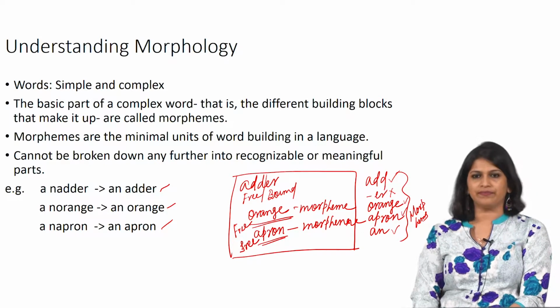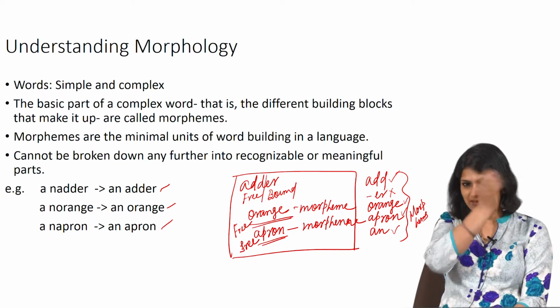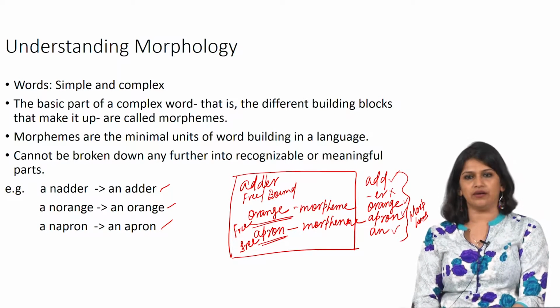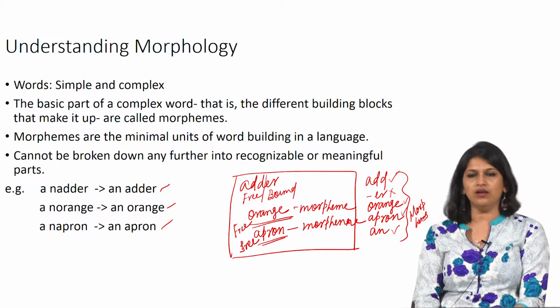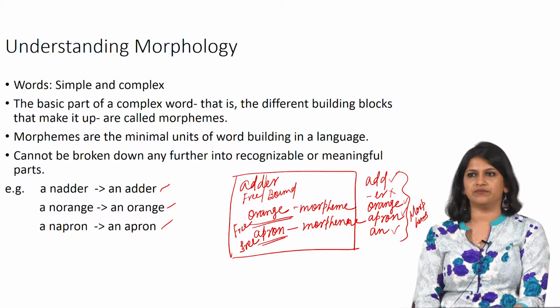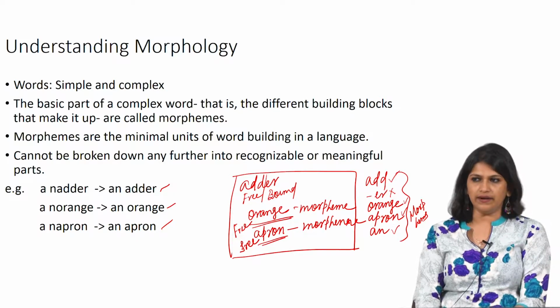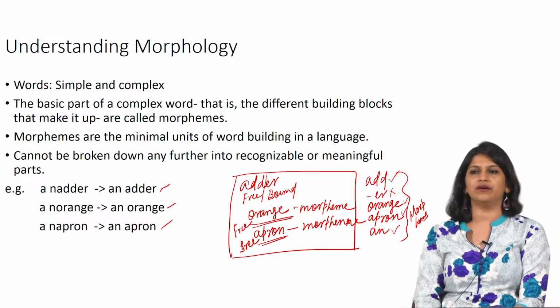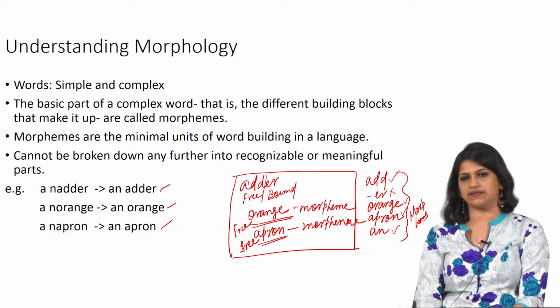So, the logical relation that we can draw is, any word can be a morpheme, but any morpheme is not always a word. It's not always that morphemes can be considered as words, but any simple word can be considered as a morpheme.